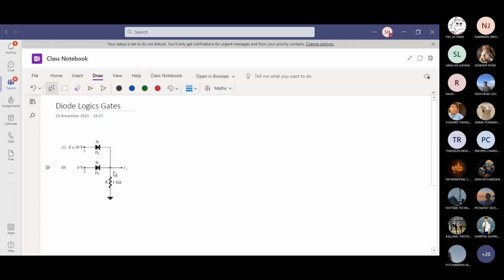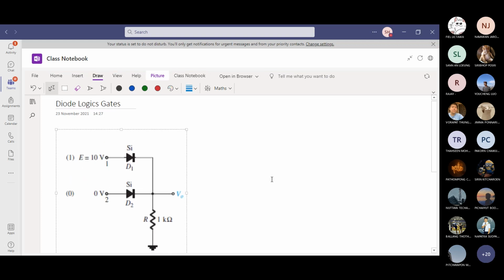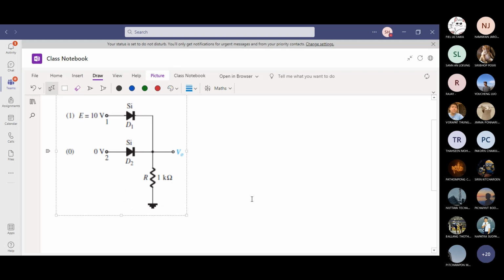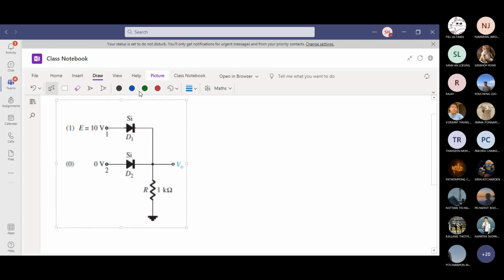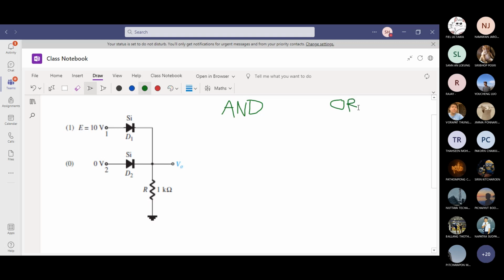Here are two diodes. You have logic AND and then you have logic OR. This seems to me like a logic OR gate. If you are given a truth table, for Boolean, 1 is high or on and 0 is low or off.